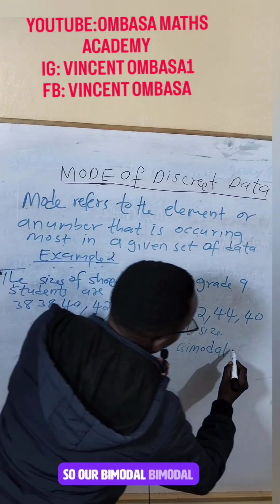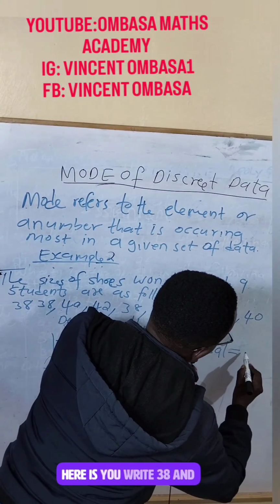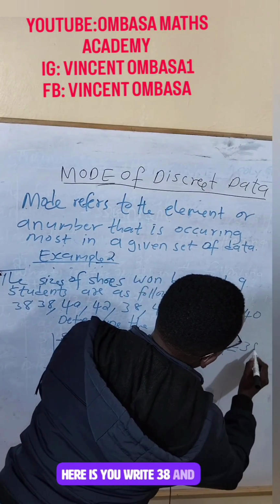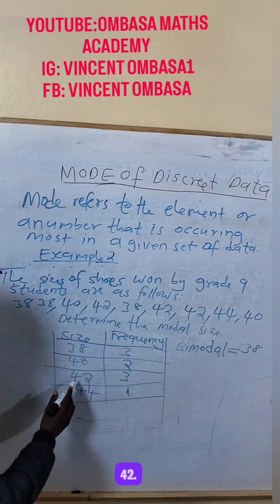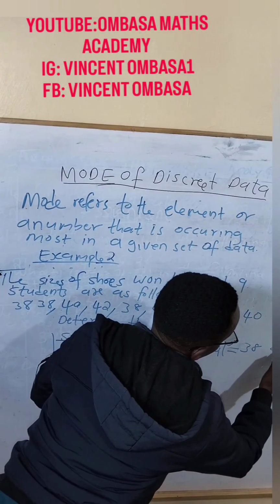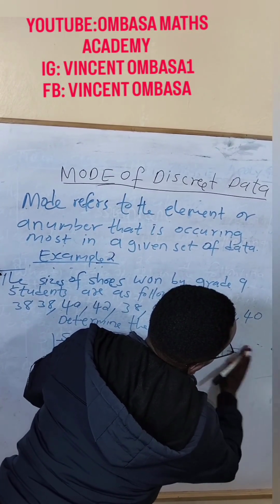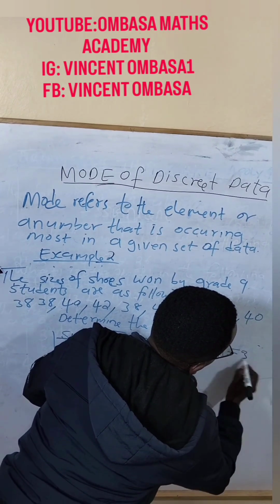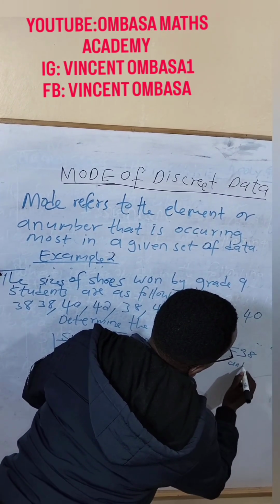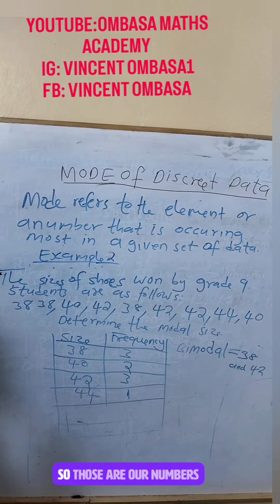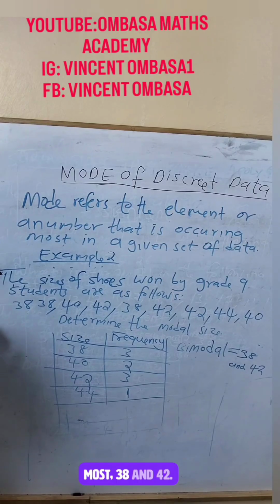So our bimodal here, you write 38 and 42. So those are our numbers that are appearing the most, 38 and 42.